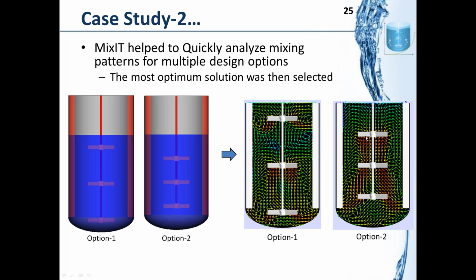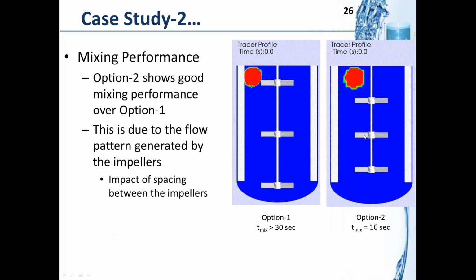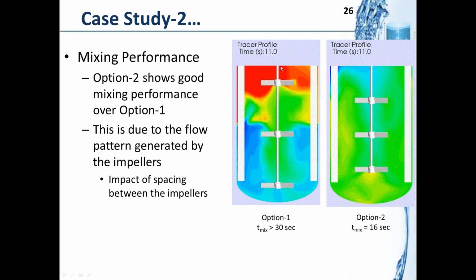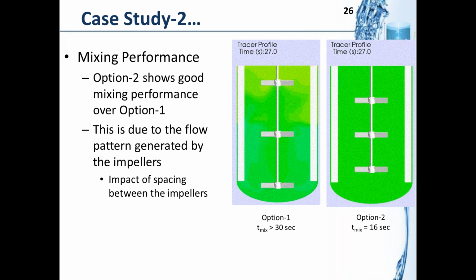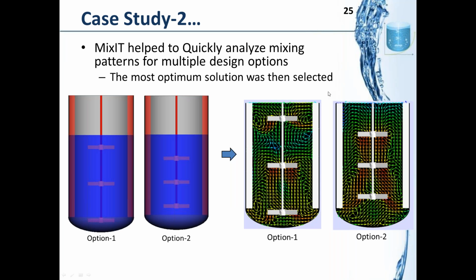In option 2, we can see that all three impellers have an interacting flow pattern, and they are forming a single circulation loop. And what does it impact? Here we can see that when the top impeller is forming a separate loop, the added tracer or reagent first gets distributed in the top region, and then slowly comes to the bottom section of the tank, because there is no communication between the flow of this impeller and the flow of these two impellers.